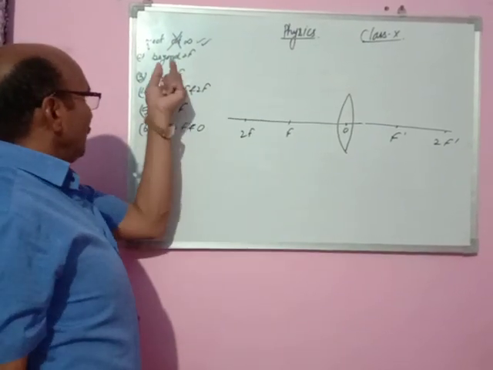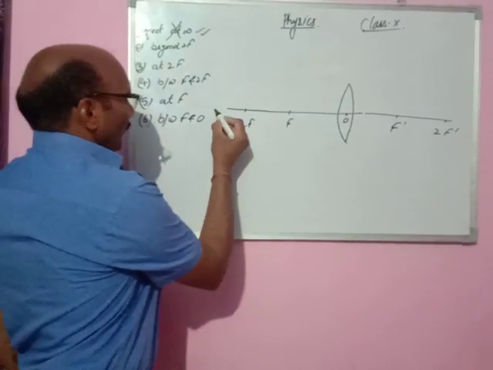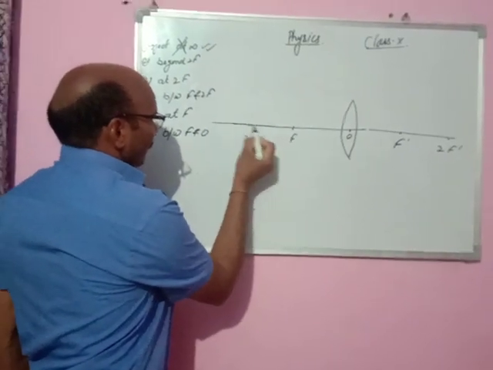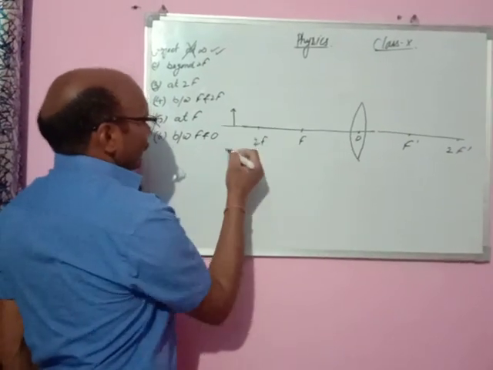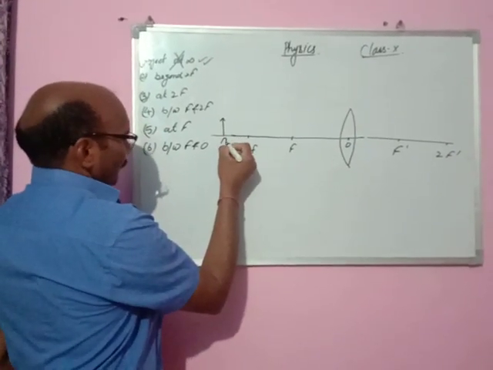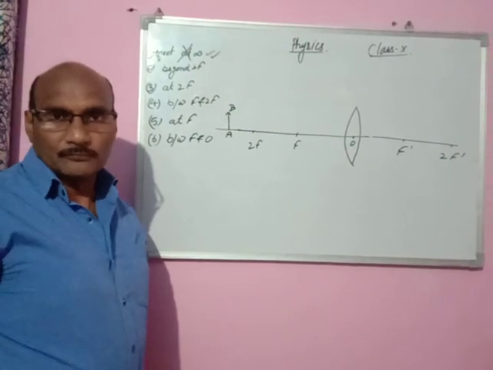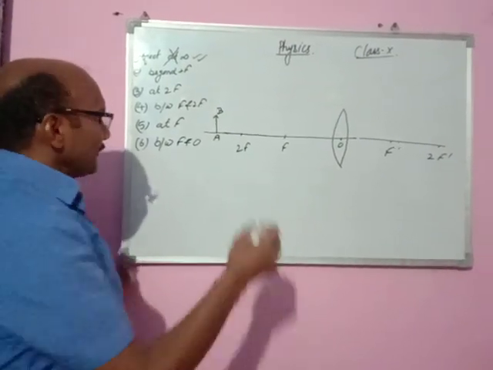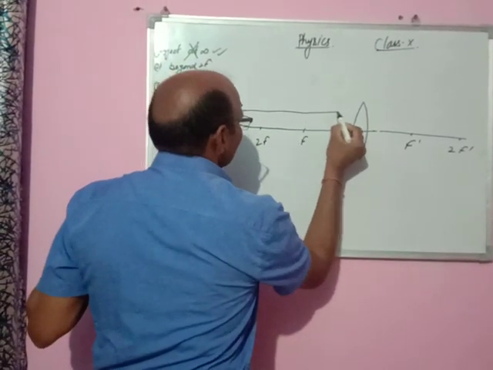Now let the object be beyond 2F. Beyond 2F means the object is situated somewhere beyond 2F. Let the object be kept at this point. This is the object side, that is point A, and this is B. So I will take the first light ray, which is coming parallel to the principal axis.